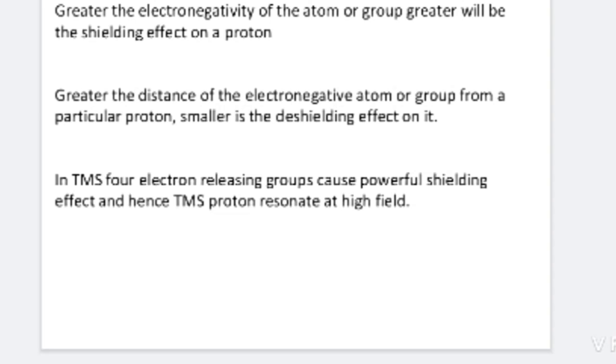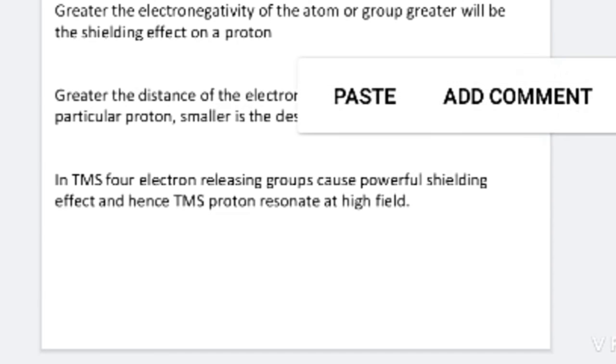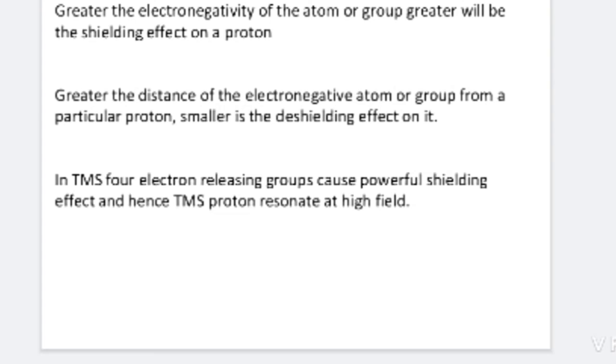The shift from the TMS signal is treated as chemical shift. The distance from the TMS signal will be the chemical shift actually. In TMS, 4 methyl groups are there, and these electron releasing groups cause powerful shielding effect, and hence TMS protons resonate at high field.